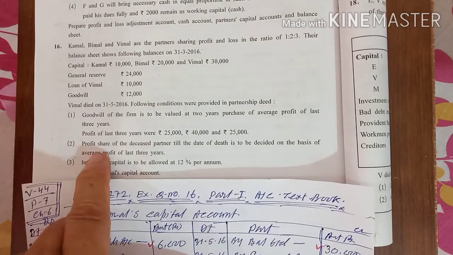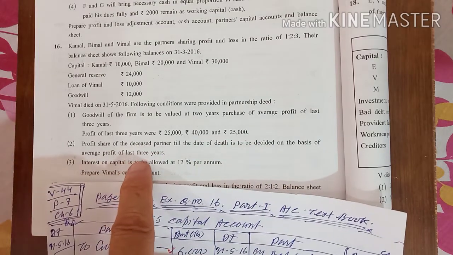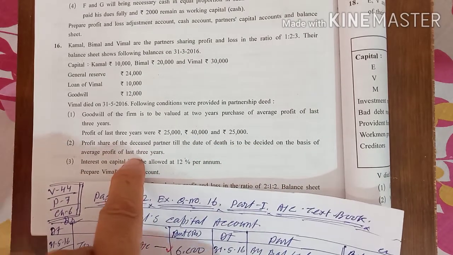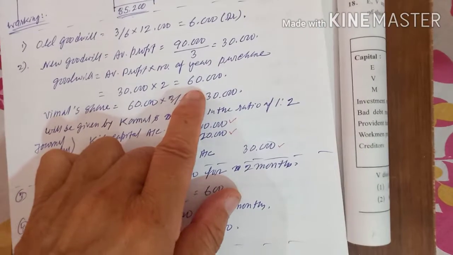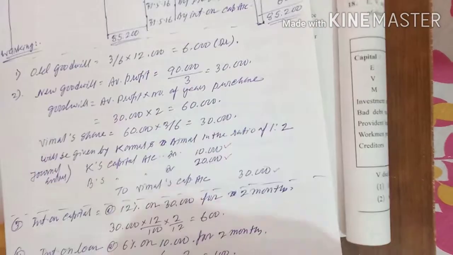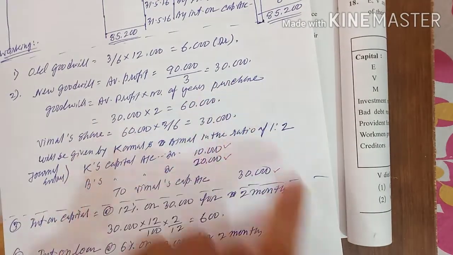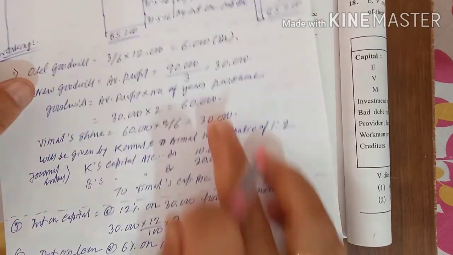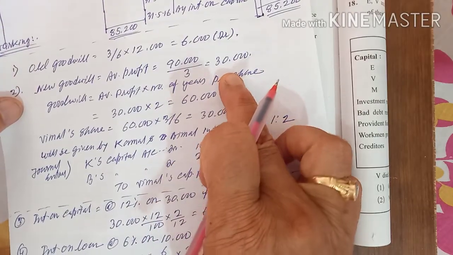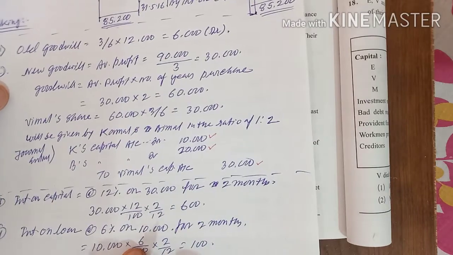Now the profit. You have to calculate the profit on the basis of the average profit of the last 3 years. The average profit already calculated here is 30,000, is it not? So 30,000 is the average profit, and he will get the profit, plus interest on capital and interest on loan.